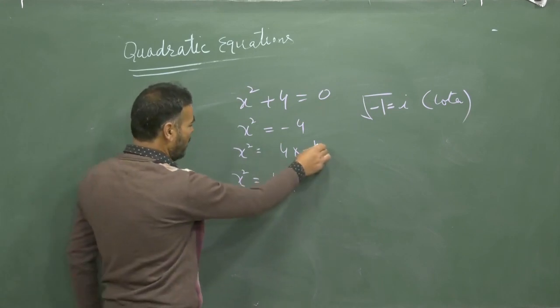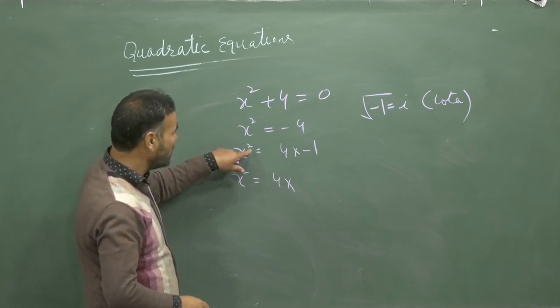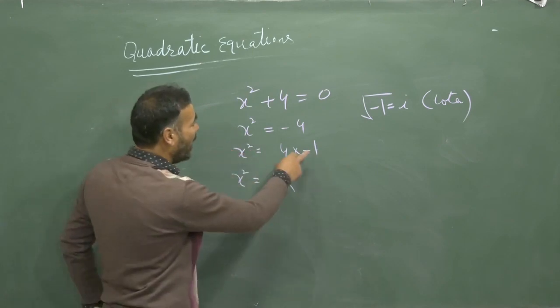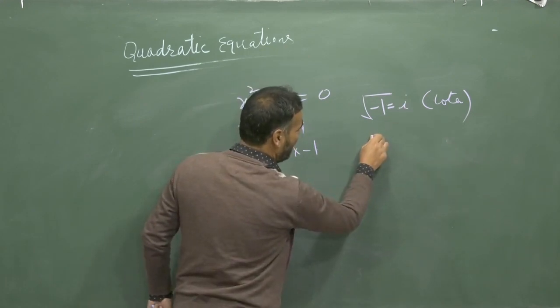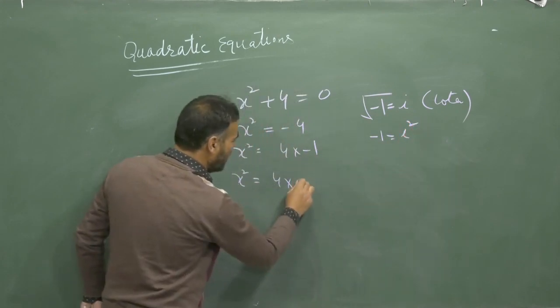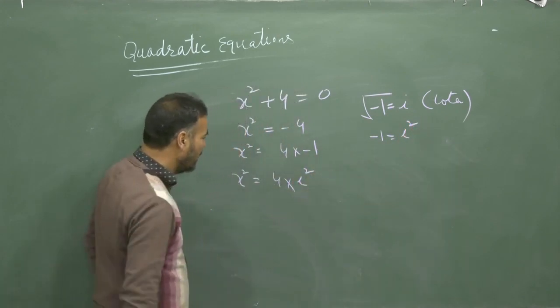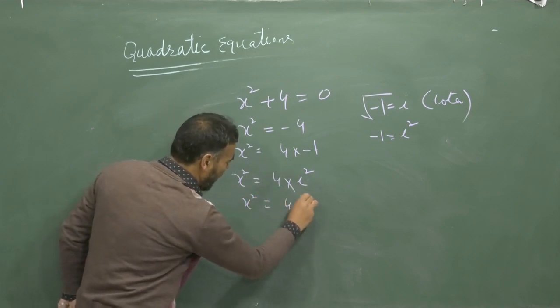That is 4 into square root of minus 1. If we take the positive square root here, under root of minus 1 will be equal to, if you take squaring on both sides, minus 1 will be equal to iota square. So it is 4 iota square. So x square is equal to 4 iota square.